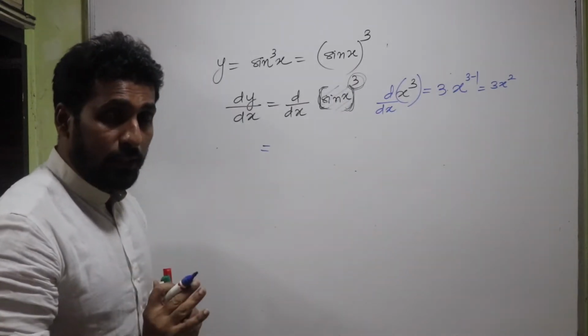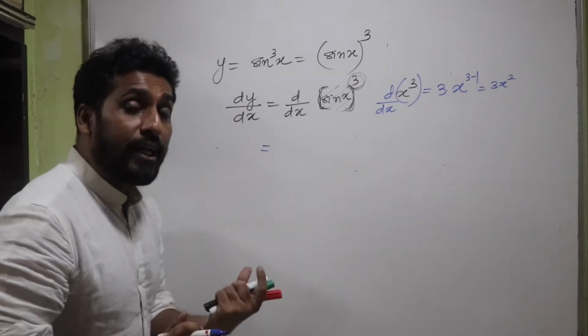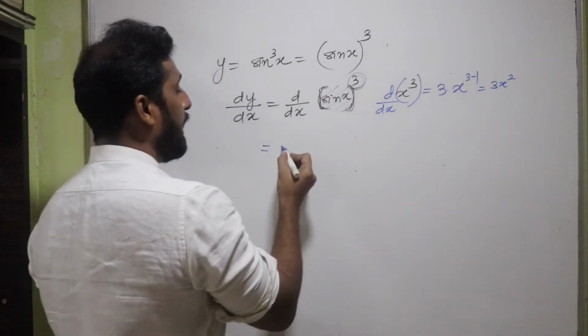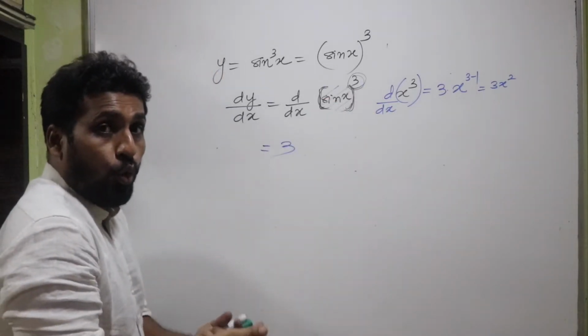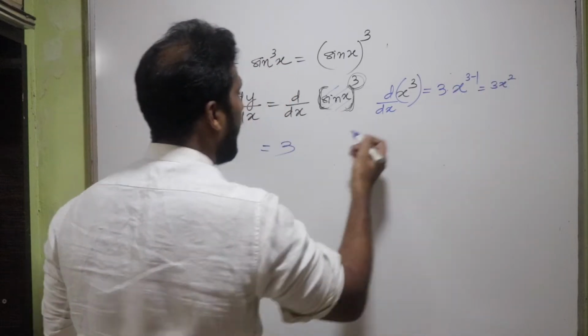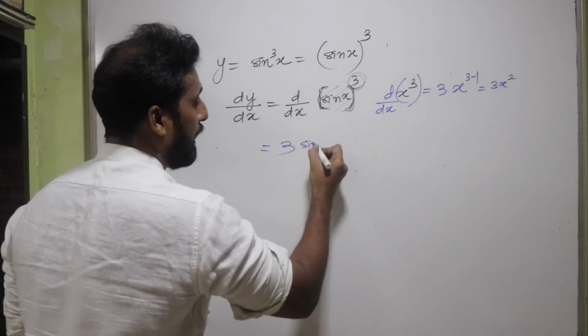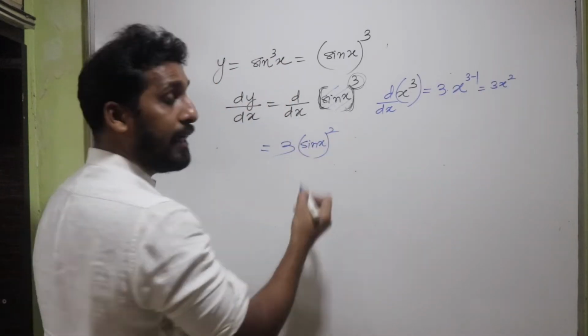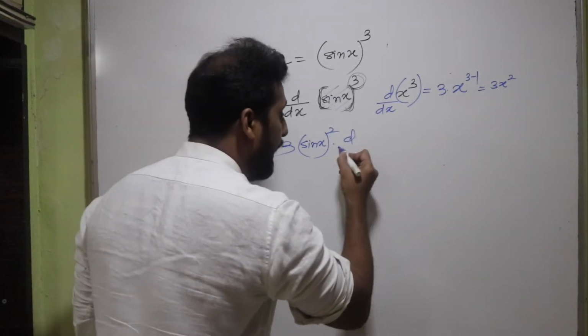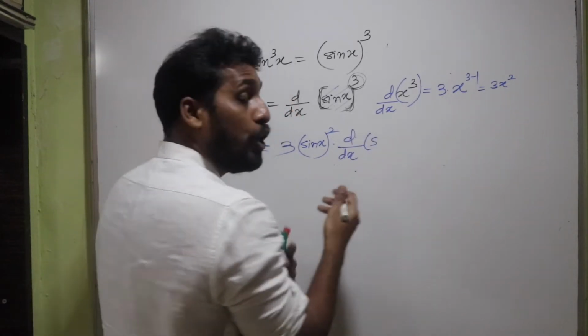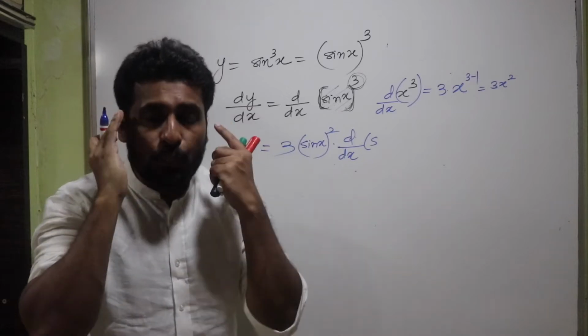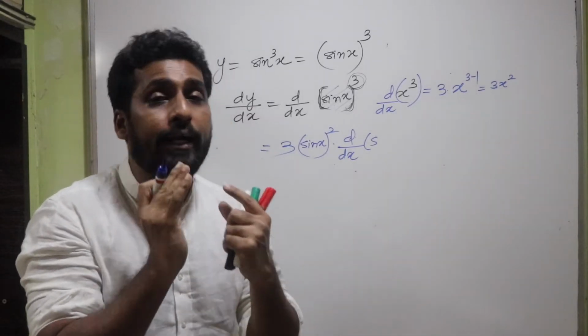Is this x cube? Although it is not x, isn't it? It is sine x. I'm going to call it as u. So what is u cube derivative? 3u square. 3x square. What is in place of u? It is sine x. I write 3 sine x square into again the derivative of what? U. So make sure this point goes into your mind like a rocket.